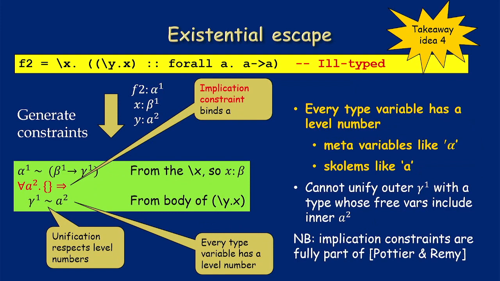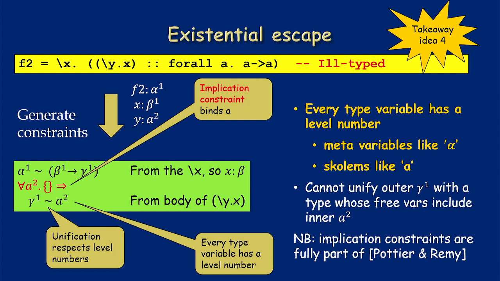So what do we do? We say, well, when we walk inside this for all, first of all, every type variable is going to have a level number attached to it. It's permanently part of that, including both meta-type variables, these Greek things, unification variables, they have level numbers, but also skolems like the for all of a universally quantified type. So when I walk inside the for all, I've got this thing A in scope, but it has level number 2, right, because I've walked inside something.